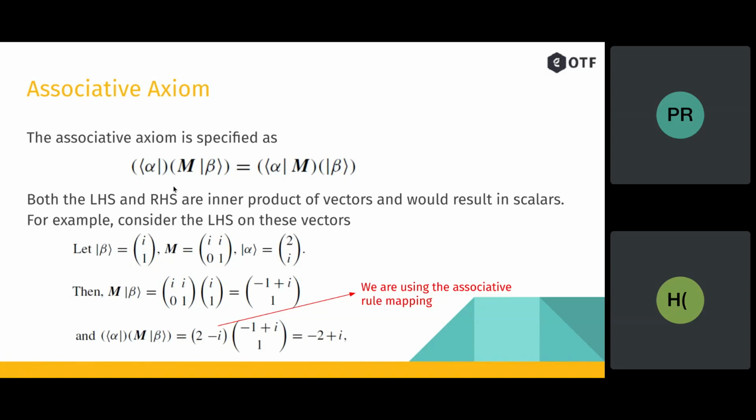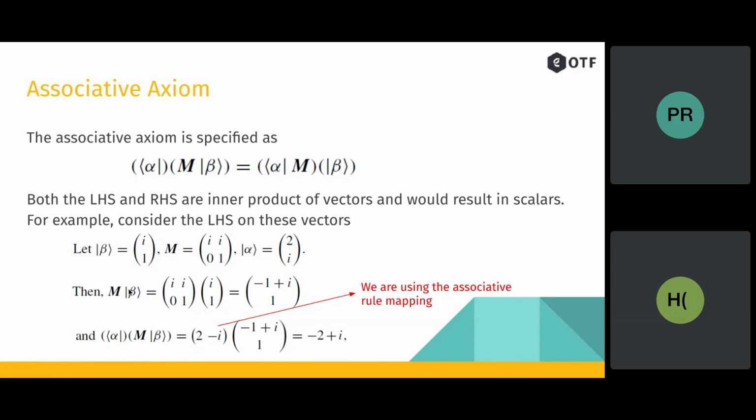This says first take A, then do BC, and that says first AB and then C. If I represent it as A into BC, we have to take BC first. BC is matrix M multiplied by ket beta. This multiplication results in minus I, minus 1 plus I and 1. So this is M beta.